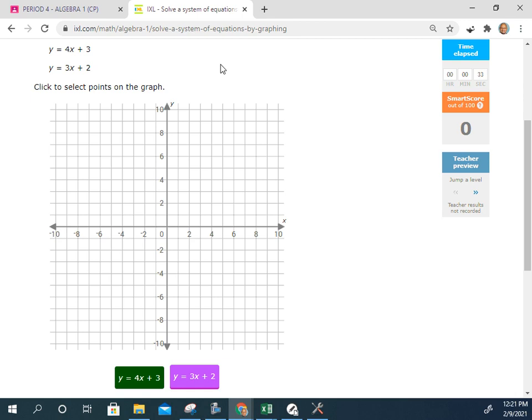I'm going to do 4x plus 3 first. It has a slope of 4 and a y-intercept of 3.